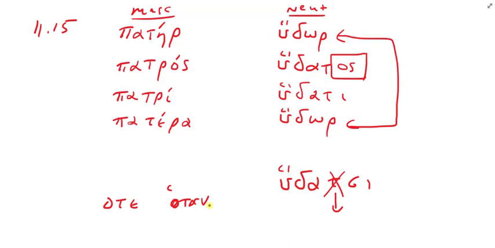Okay, next we have epi. Now, epi can take two other forms depending on whether there is a vowel starting the next word. Remember what that's called when a final vowel in a preposition falls out before another vowel at the beginning of the next noun? It's elision. And when that happens, then you're going to have ep or f, depending upon whether the noun or word following it begins with what?